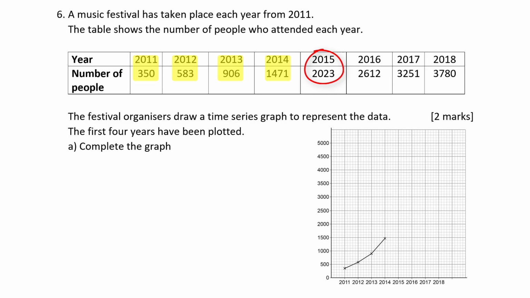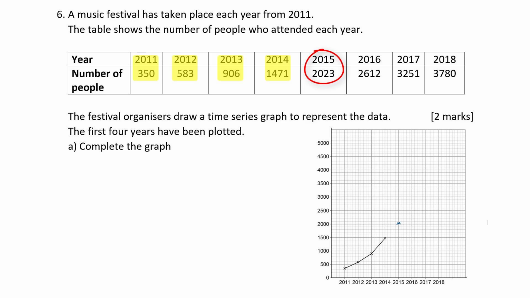So each division is going to be 100 then, isn't it? So then if I want to plot 2023, well, 2000 would be on the main line, 2100 would be the next little square up. So our point is going to be fractionally above the 2000 line, so something like that.